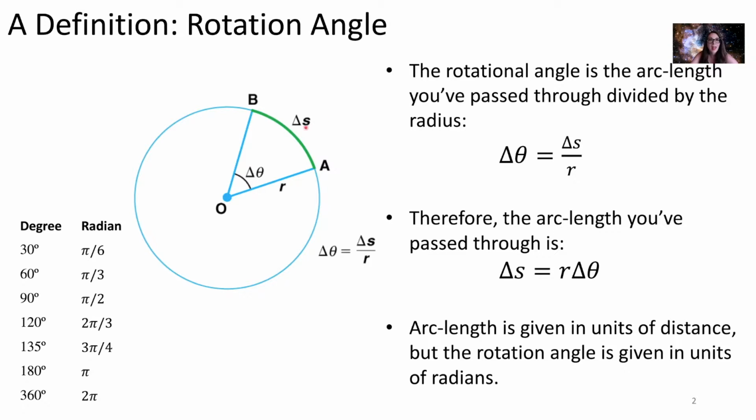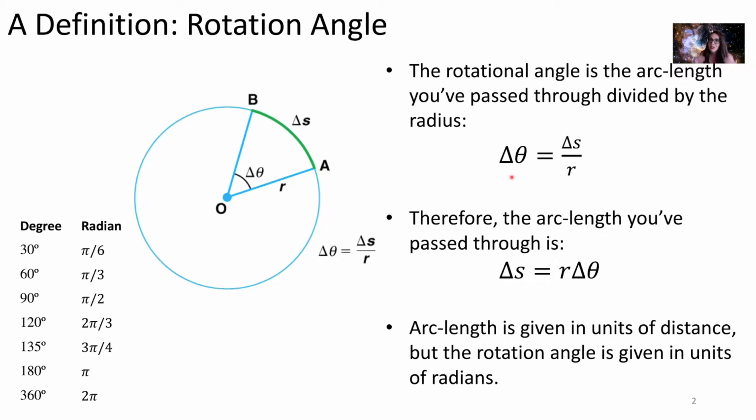And S is what we define as the arc length. It's the distance along that path, along the edge of the circle, along the circumference of the circle. The delta just means the change in position along the circle. R, again, is the radius of your circle. So if we have this relationship, delta theta equals delta S over R, we can rearrange it.